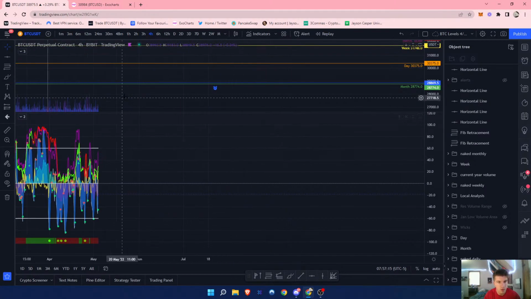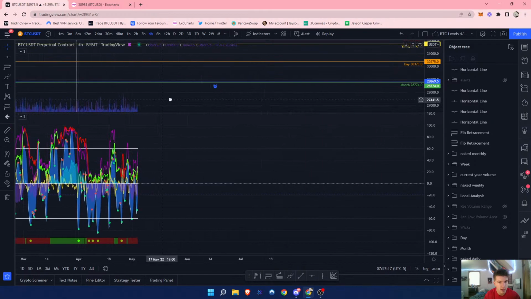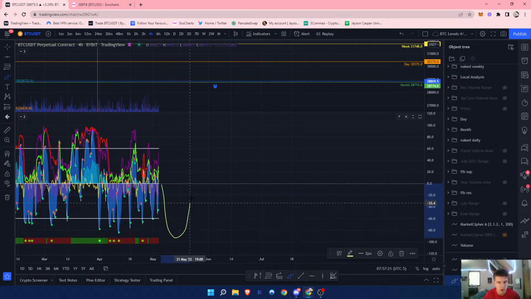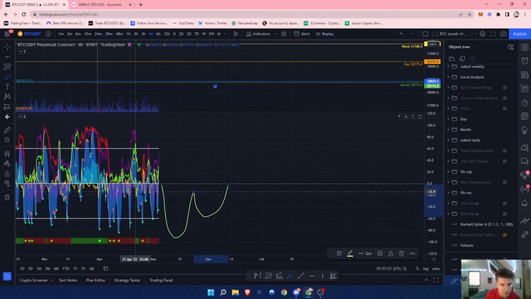So really what could happen is that we get a long anchor wave, and then a trigger wave would be ideal.